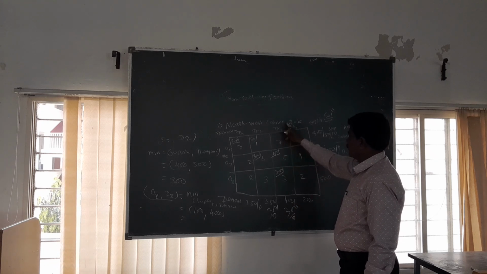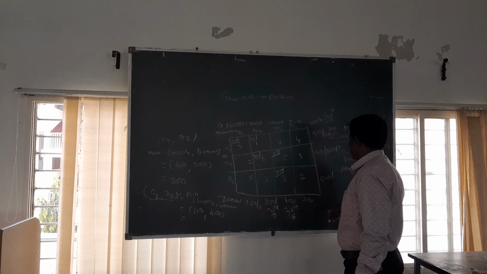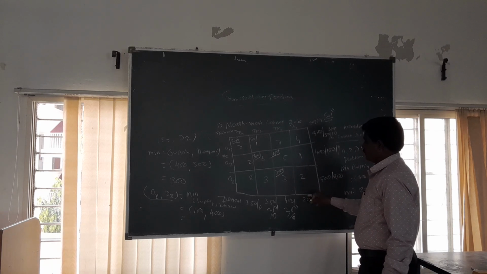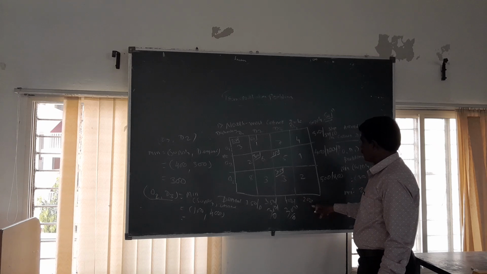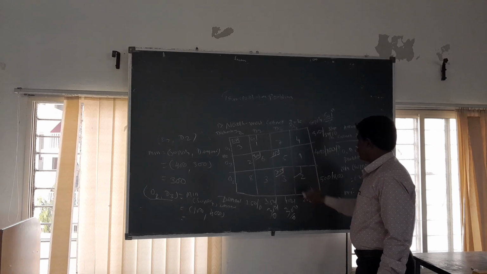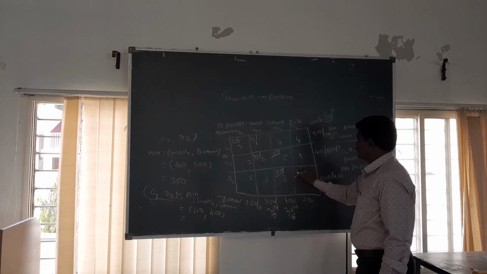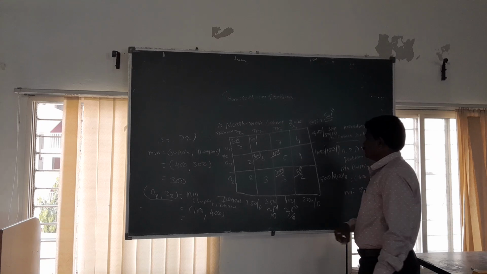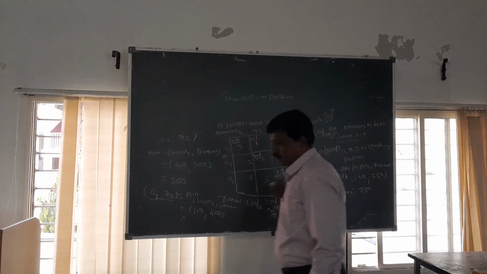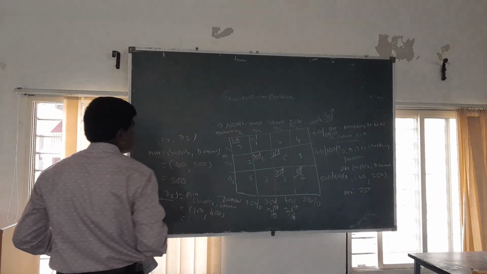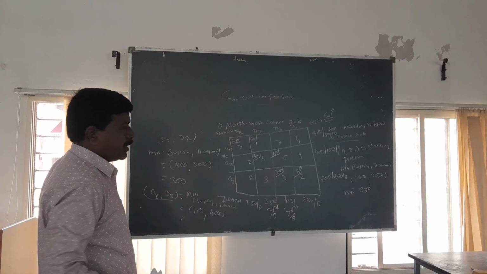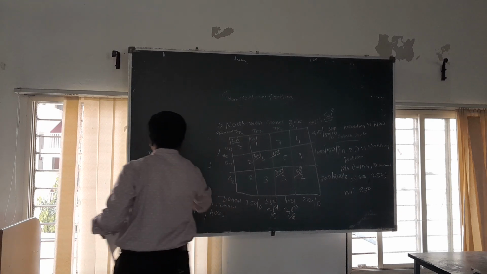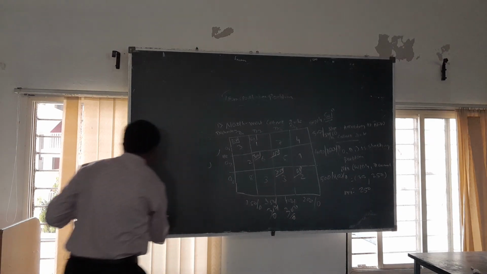Destination D3 is exhausted. We then move to the next cell, O3 D4, and 200 minus 200 is 0. Now total supply equals total demand, and we find the transportation cost of the given problem.